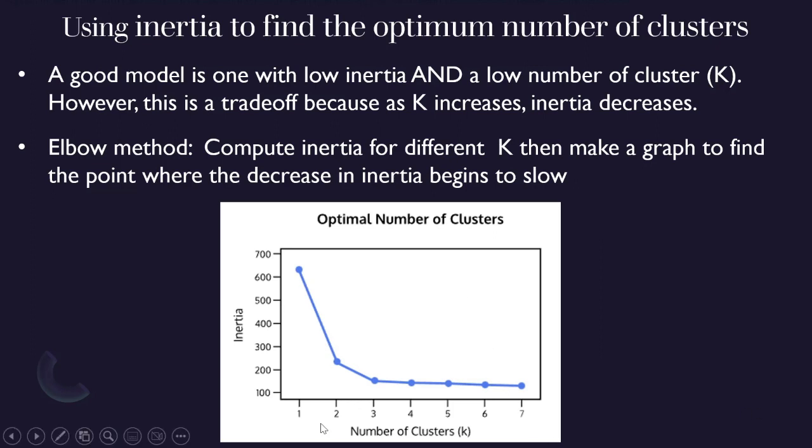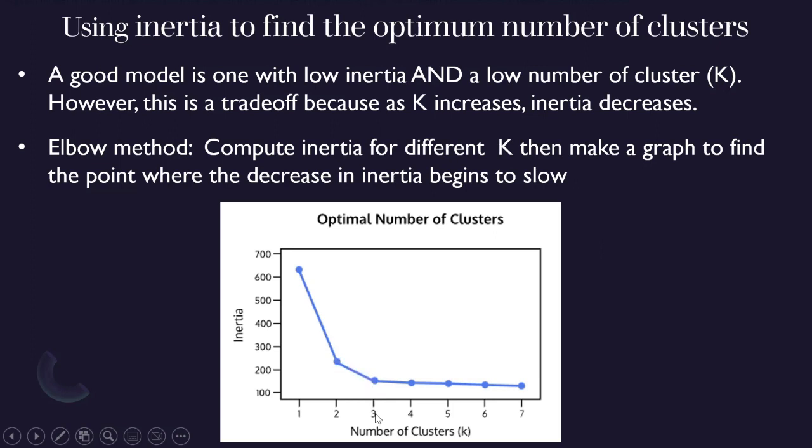For the first cluster, you see the inertia is really high, something between 600 and 700. When I run the inertia for 2 clusters, it has dropped to something between 250 and 255.